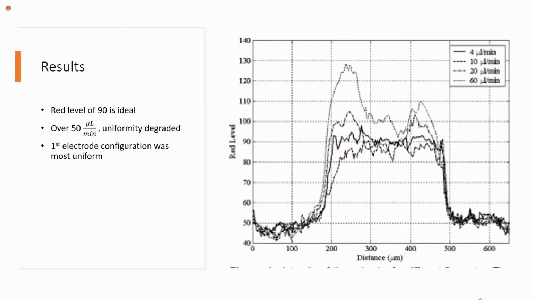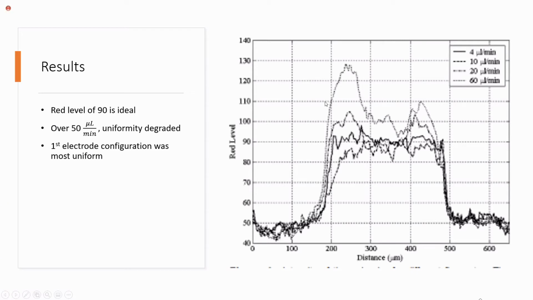Right. So now here's some of the data. To go over it, this graph shows the distance, 100 micrometers from the leading edge of the transducer, and the red level, which is the red level's intensity. So right here, a red level of 90 is ideal. One thing that they did in the experiment is, more intensity doesn't necessarily mean more uniformity.